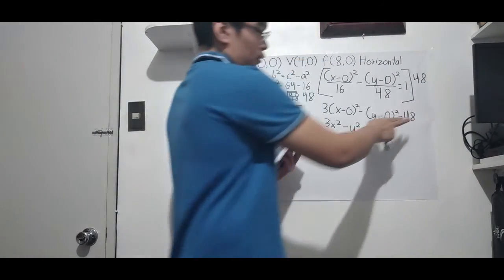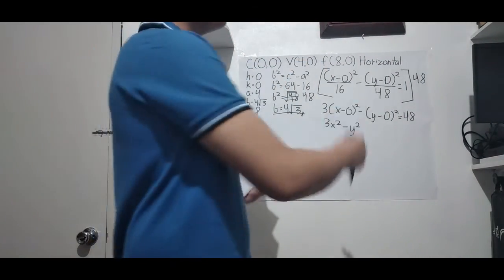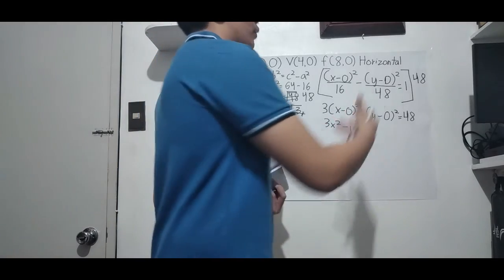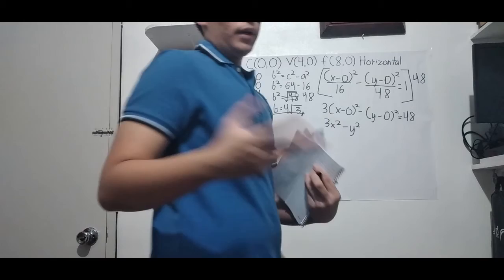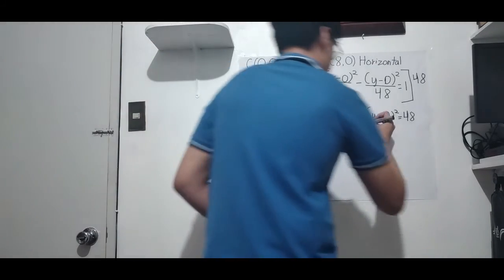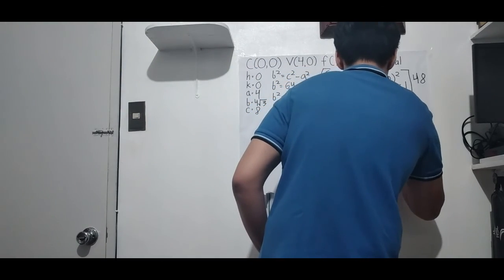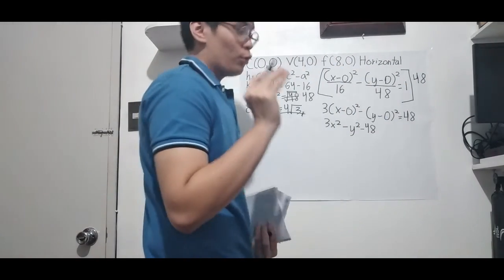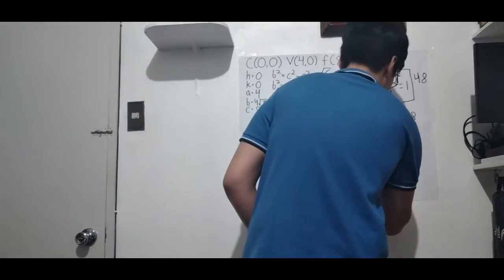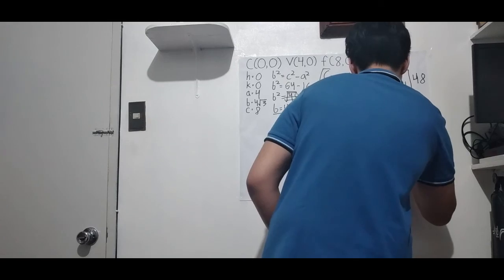Then our 48, we need to move it from the right-hand side to the left-hand side, so from positive it becomes negative: negative 48. Then don't forget to write equal to 0.